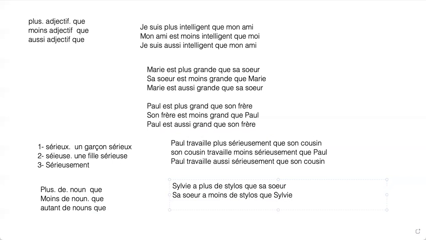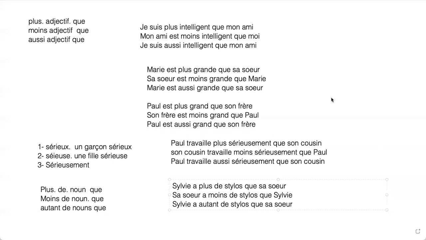And if just imagine that Sylvie and her sister both have just 5 stylos, so this is the same quantity. So that's why you say Sylvie a autant de stylos que sa sœur.